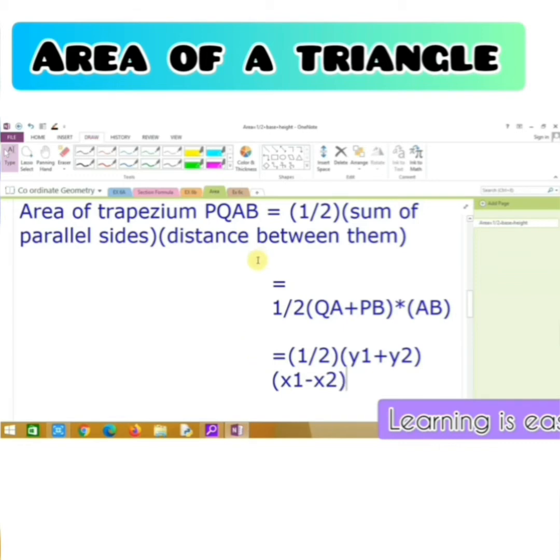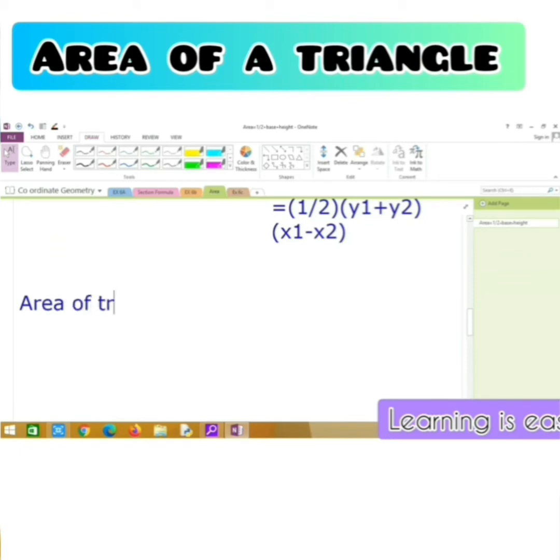In a similar way, we find the area of the other two trapeziums. Area of trapezium PBCR is again half into y1 plus y3 into the distance between those sides, that's x3 minus x1.